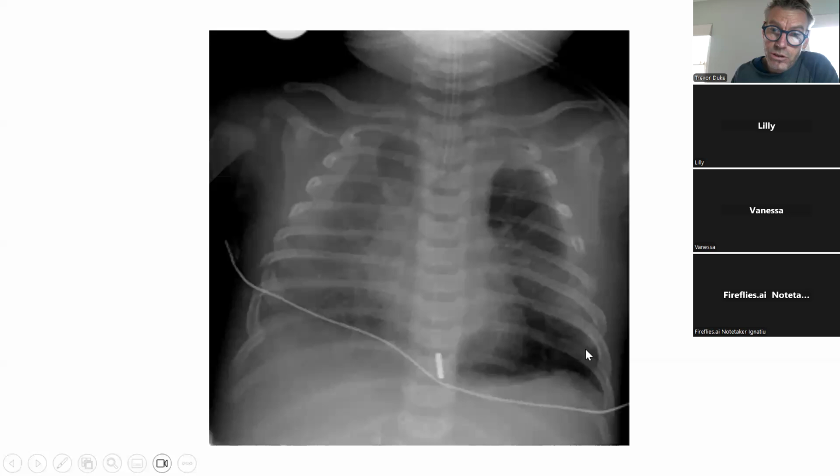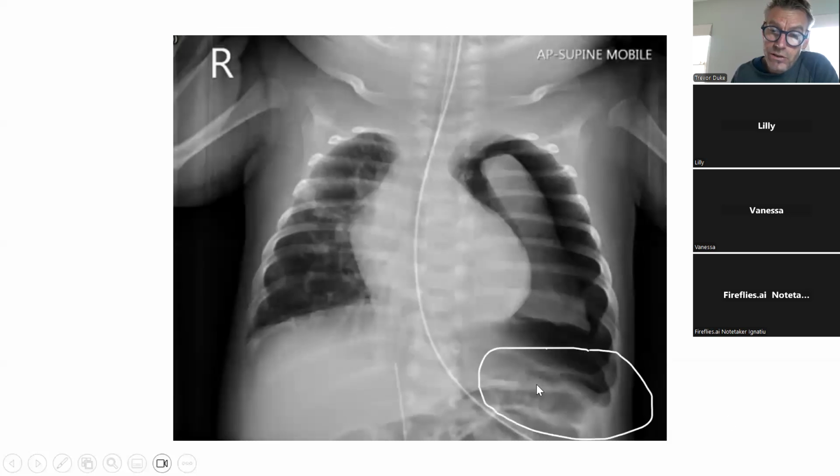You can't see the diaphragm in this X-ray, and he has a traumatic pneumothorax as well. You can see how black the pleural cavity is around the lung. This is the collapsed lung, so there's a pneumothorax, and with a traumatic disruption to the diaphragm, you'd be worried there's likely to be a splenic injury as well.